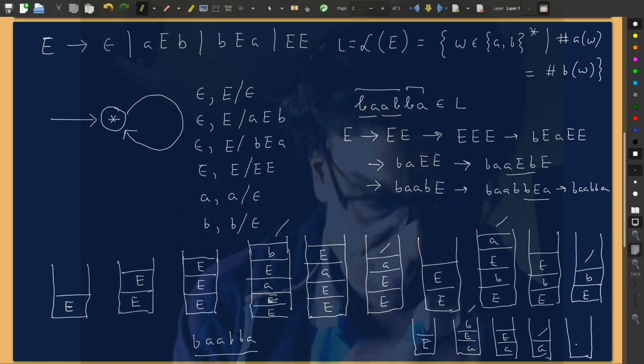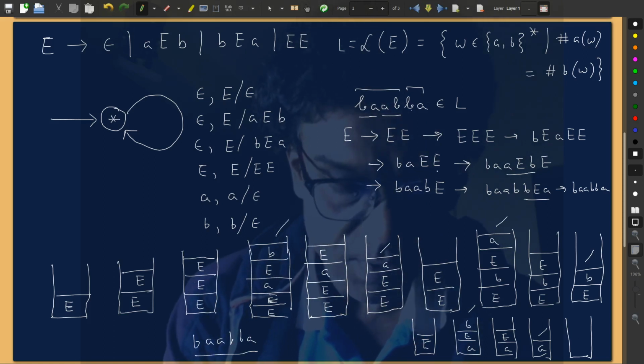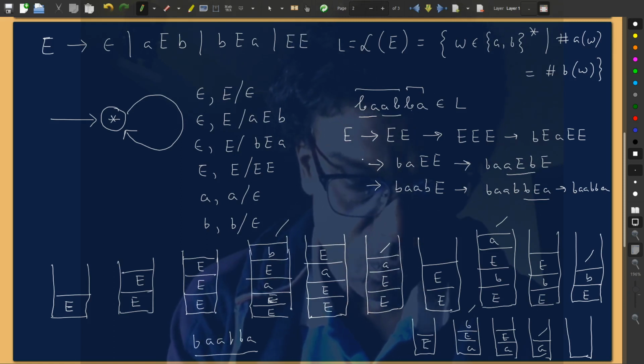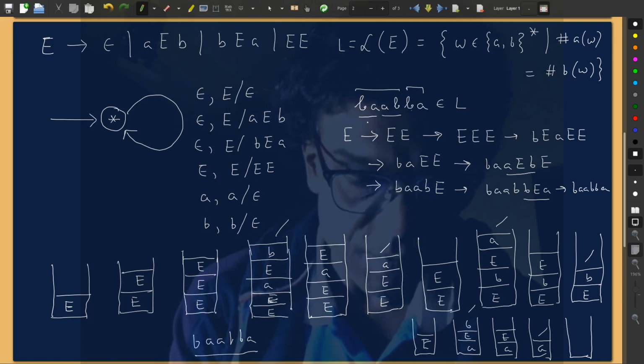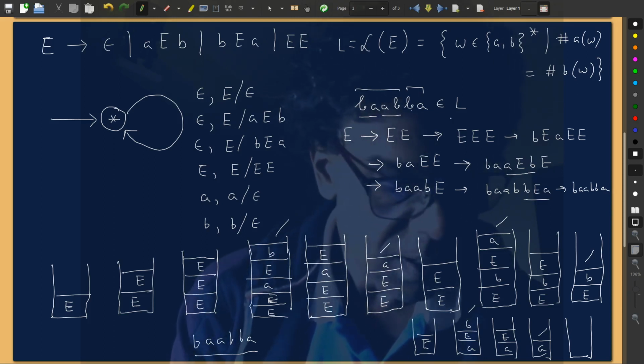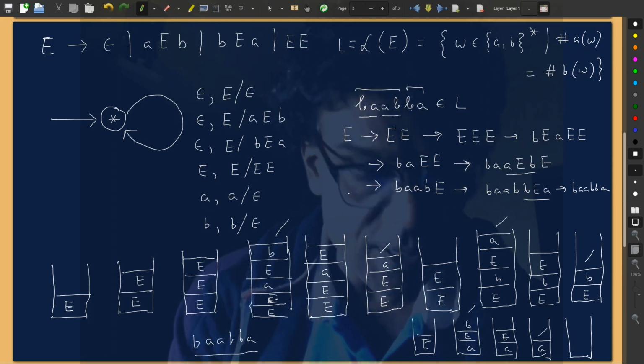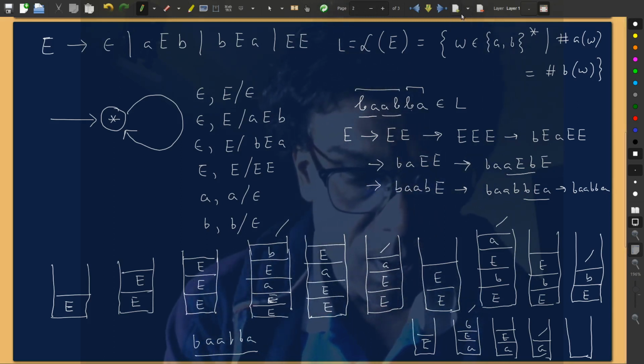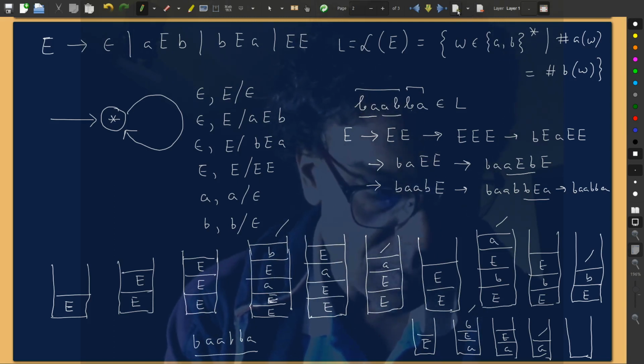Okay, this is fairly straightforward. I leave it to you. Conversely, if this machine accepts some string, that corresponds to a leftmost derivation of an element in L. Okay. So this process, CFG to PDA, is fairly straightforward. So now let us look at the more complicated thing.